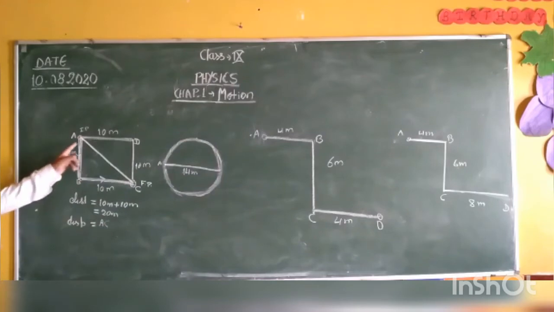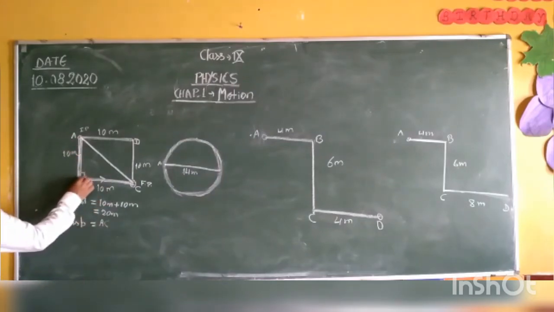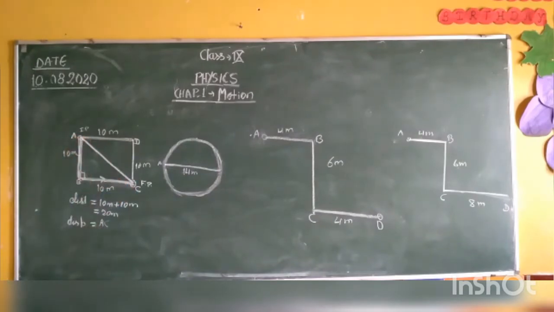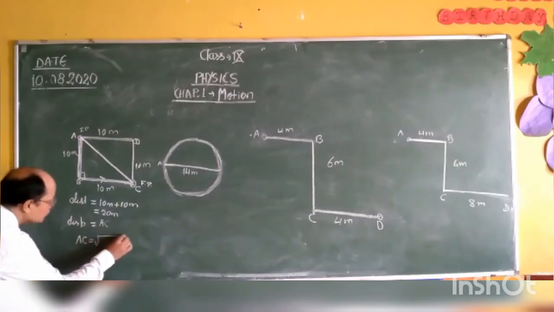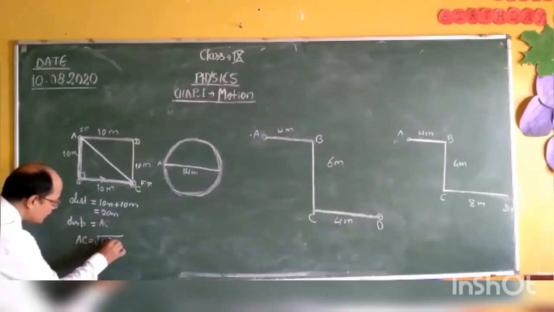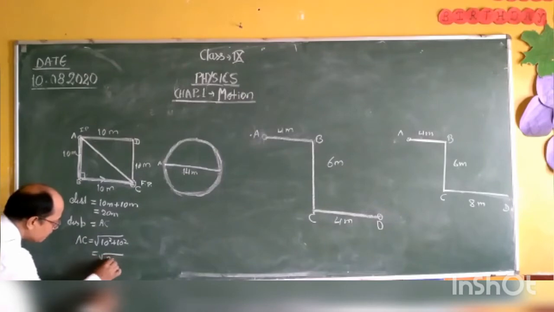Now we find AC through Pythagoras triplet. The angle is 90 degree. AC is the hypotenuse in this case. It means AC equals root 10 square plus 10 square, which is root 200.